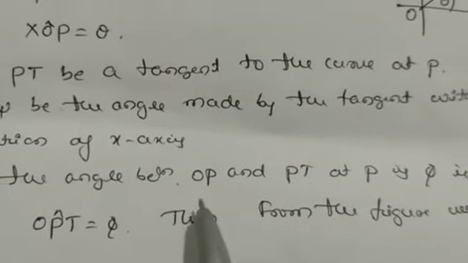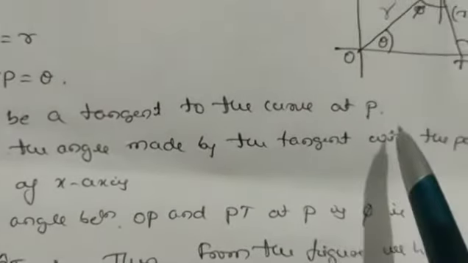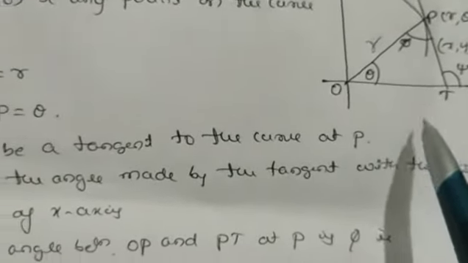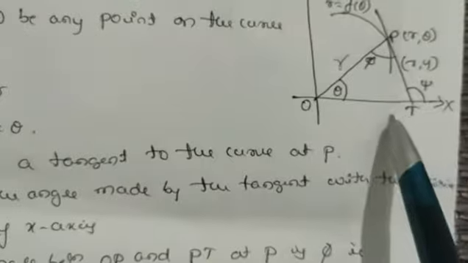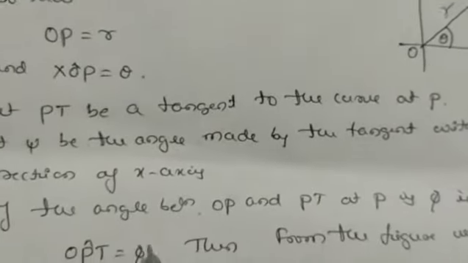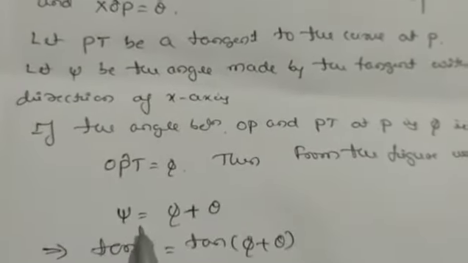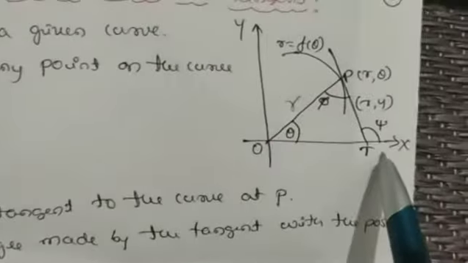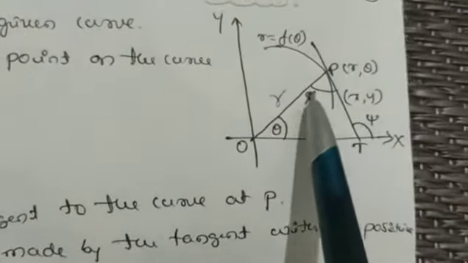And if the angle between OP and PT at the point P is phi, from this figure we can say xi is equal to theta plus phi.